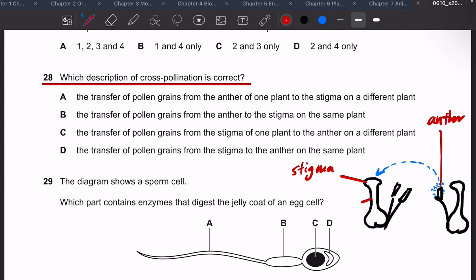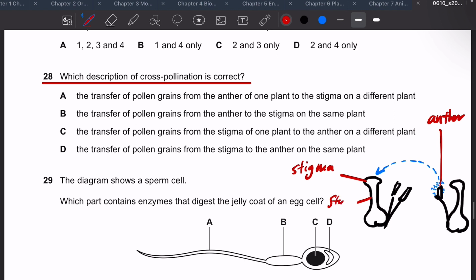So this part is called style, and this is called ovary, and inside ovary there's an ovule and egg and stuff like that. So the anther produces pollen grains, and they usually transport by wind, insects, or any other animals.